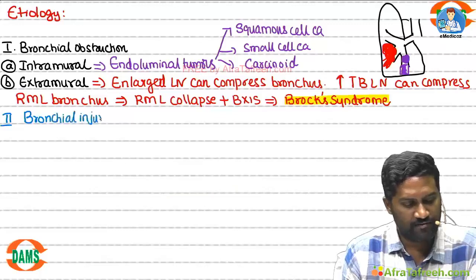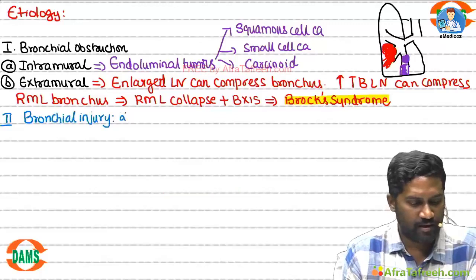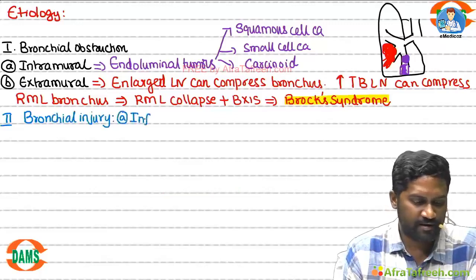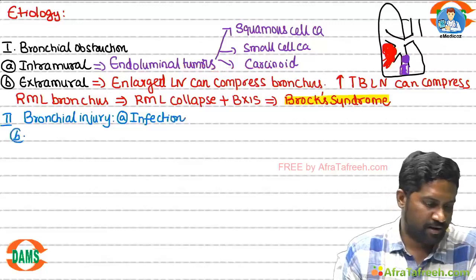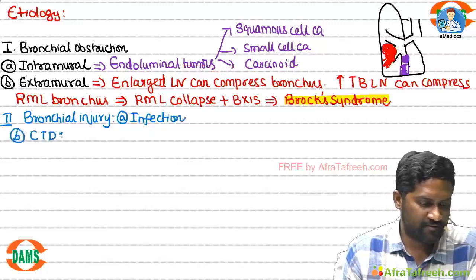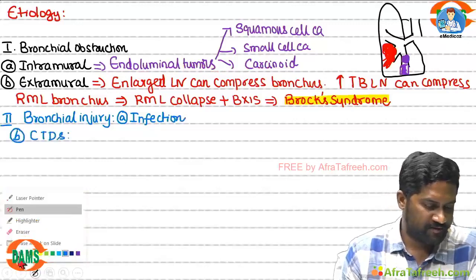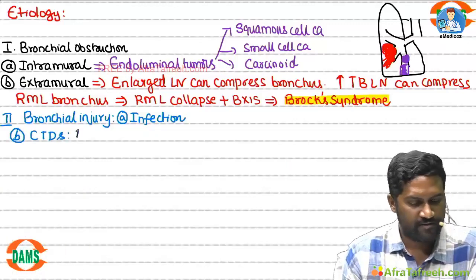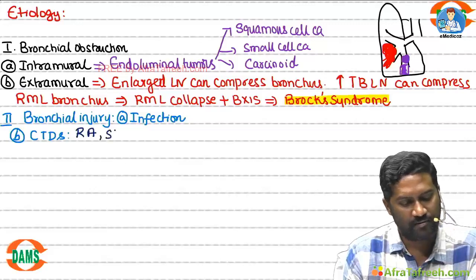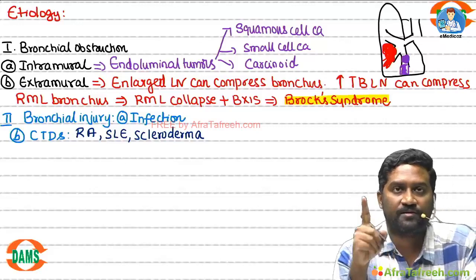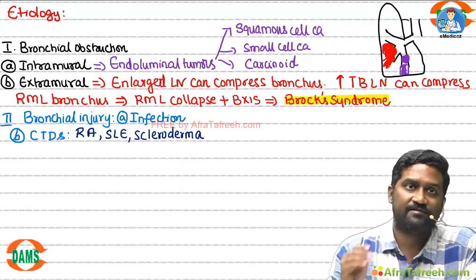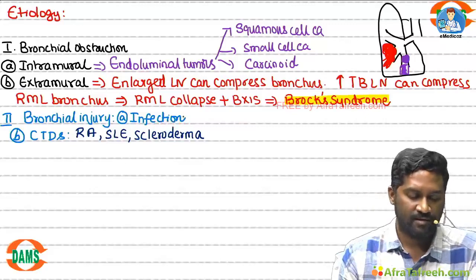This bronchial injury can happen either because of direct infection to the bronchus or as a part of connective tissue disorders. These connective tissue disorders such as rheumatoid arthritis, SLE, scleroderma, as a part of systemic involvement, involve the bronchus, damage the bronchus, resulting in bronchiectasis.